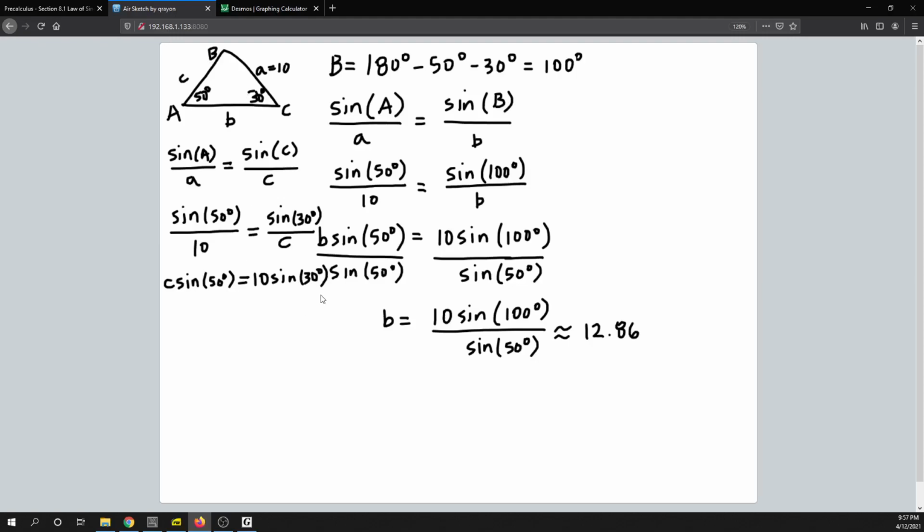Sine 30 degrees, we actually know it's a half, so we could just write 5, but on most of these problems you're probably not going to be given angles that you know the sine of without using a calculator. And so to get c by itself, we would divide both sides by sine of 50 degrees. So we'd have 10 sine 30 over sine of 50.